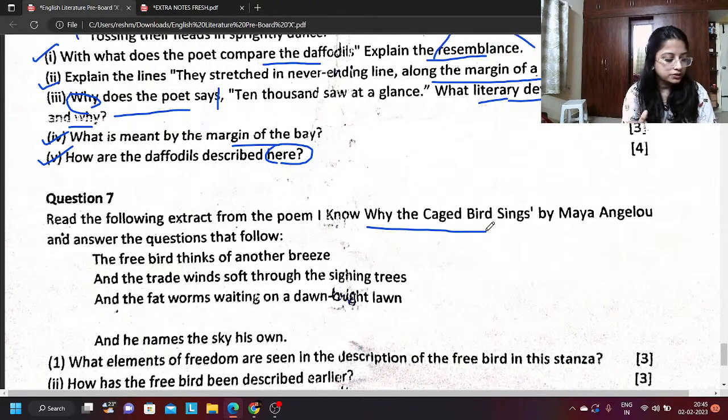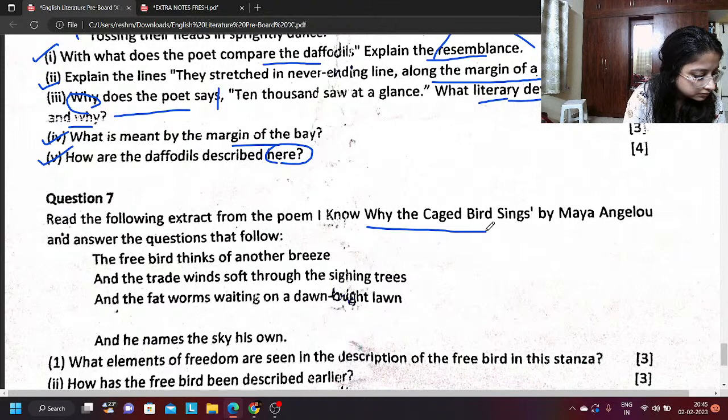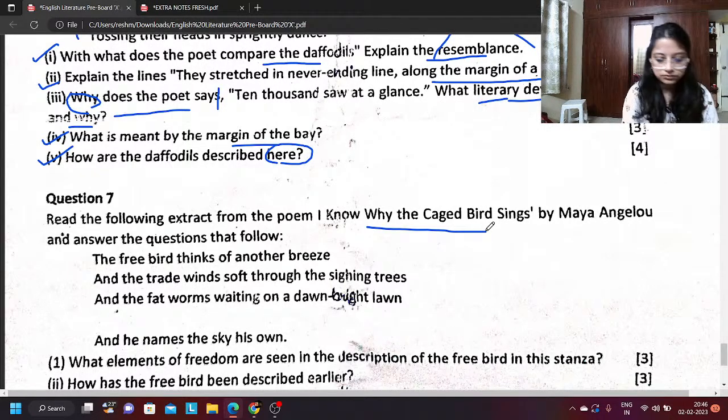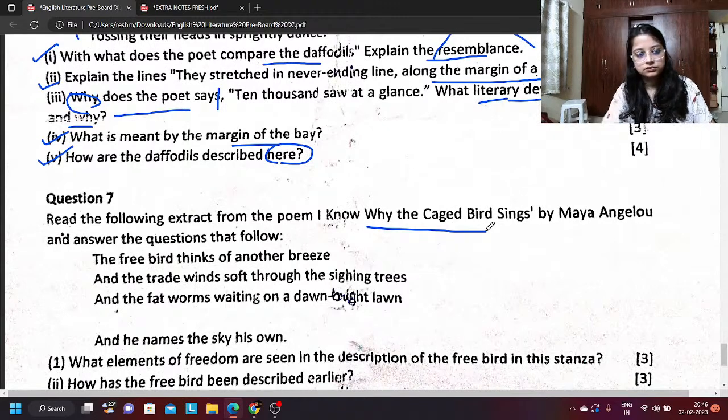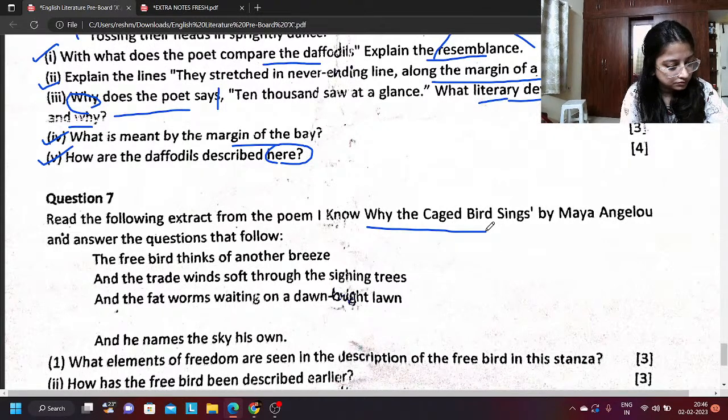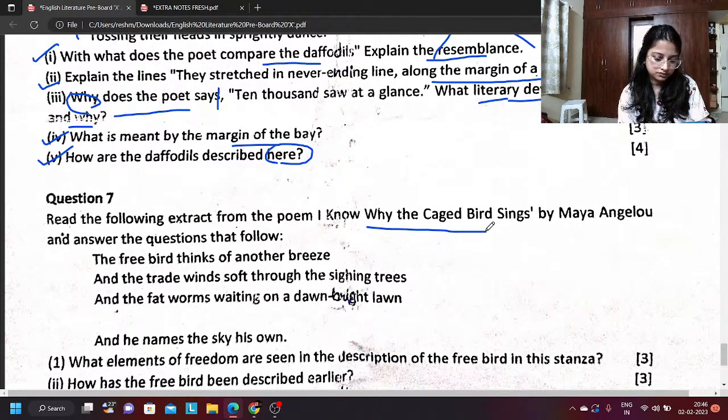At the end of the class, my voice is not coming. Is it? Still not coming? Yes, it is coming.